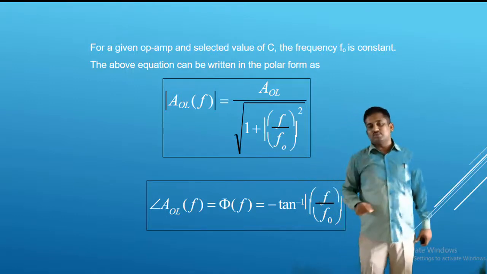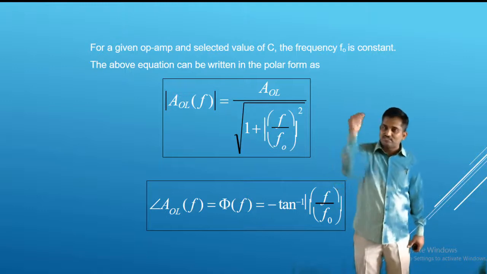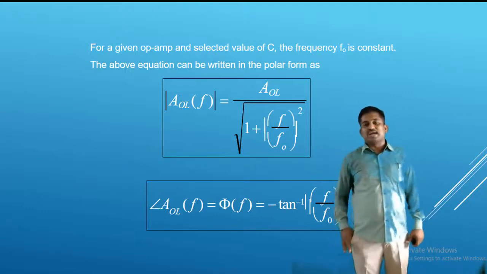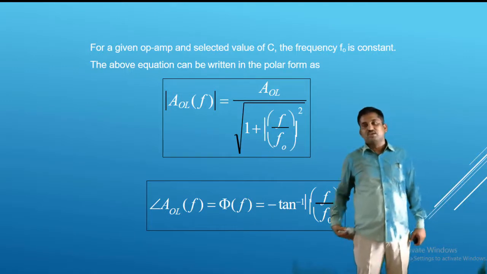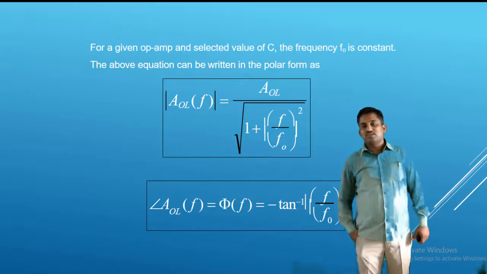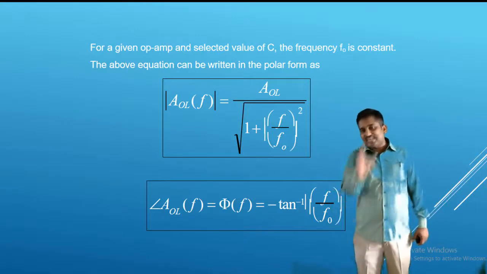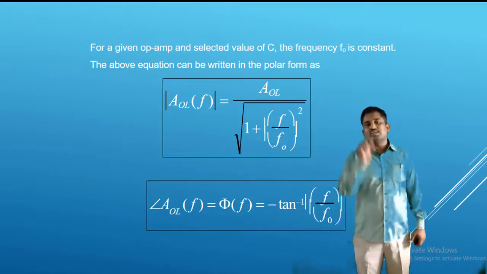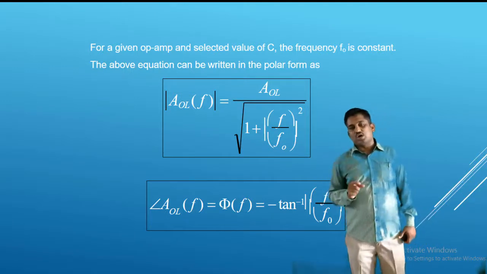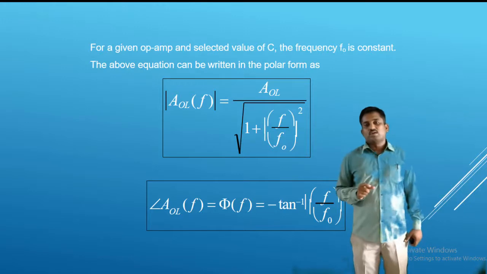That particular frequency, that means the frequency where the gain in decibels is equal to 0, is called the gain crossover frequency. Whereas coming to the phase crossover frequency, the frequency at which the phase angle crosses minus 180 degrees is called the phase crossover frequency.